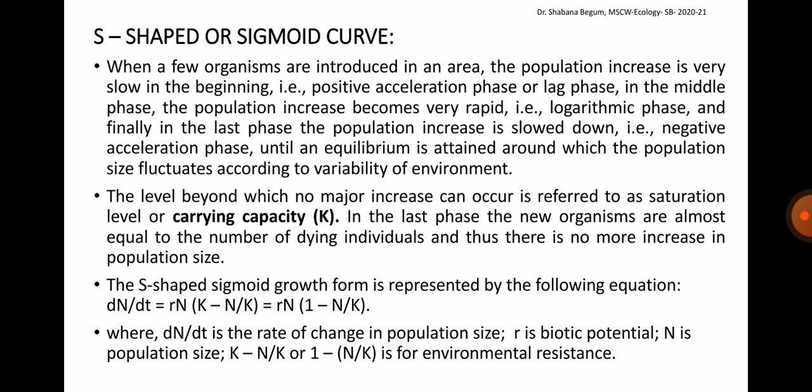It is represented by the following equation: dN/dt = rN(1 - N/K), where dN/dt is the rate of change in population size, r is the biotic potential, N is the population size, and (1 - N/K) is for environmental resistance.